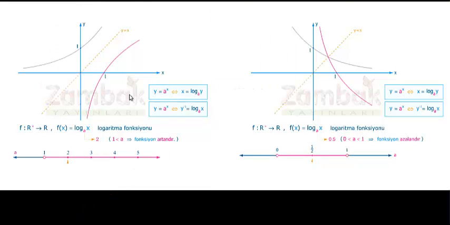Here we are going to try to understand again the inverse of the logarithmic function, the exponential function. This is the logarithmic function, and this function is the exponential function.